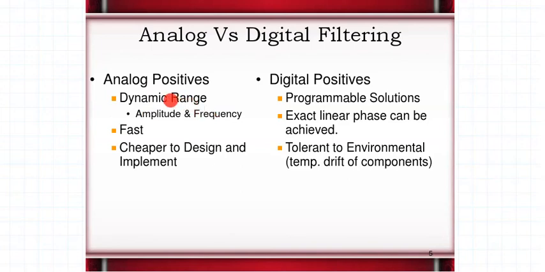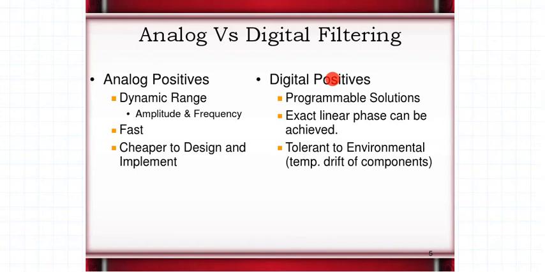Whereas digital filters have a limitation in range that depends on the sampling rate you use. So the analog positive is a large dynamic range, which is not dependent on any characteristics of the filter. In digital there is a limitation in the frequency range that we design. Analog filters are fast and cheaper to design as compared to digital filters.